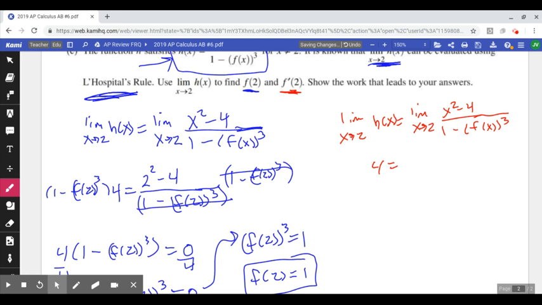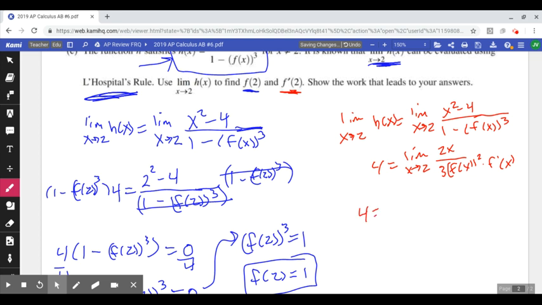So if we take the derivative of the numerator, we're going to wind up with, oops, got to keep the limit notation down, the limit as x approaches 2 of 2x all over the derivative of the denominator, which is 3 times f of x squared times f prime of x. There's your chain rule. Notice the derivative of 1 is 0 and the derivative of -4 is 0. That's why you don't see them anymore.